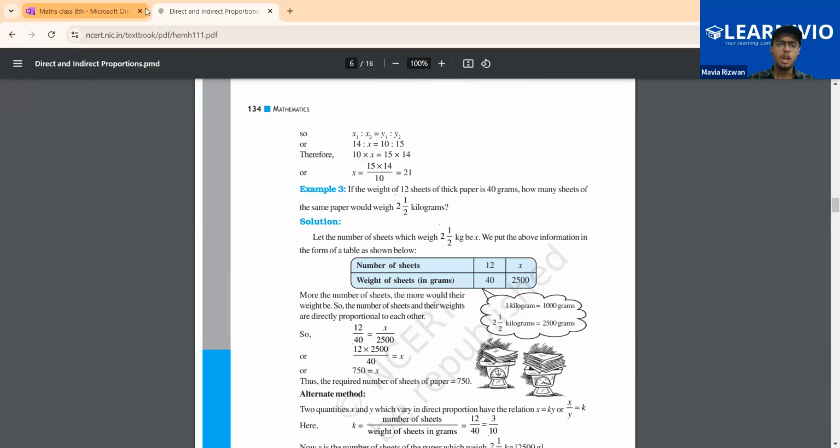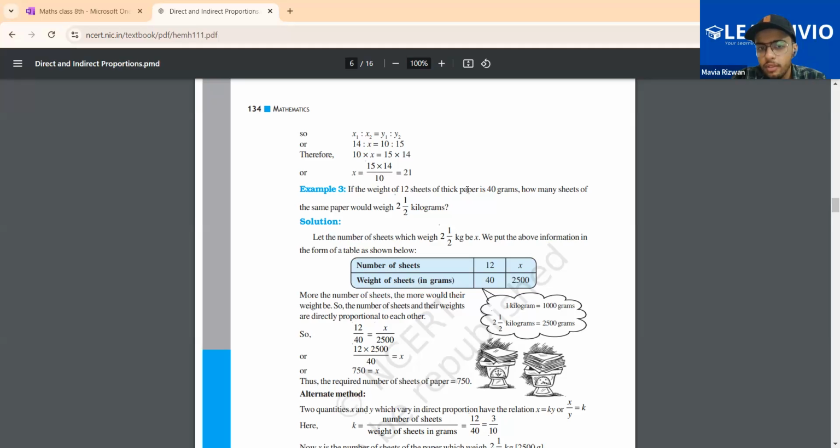Now, first of all, I told you a trick to solve any maths or physics question. Do you remember that? Yes, sir. So what was the trick? Read the question in parts. Yes. You read the question line by line and you write what is given.